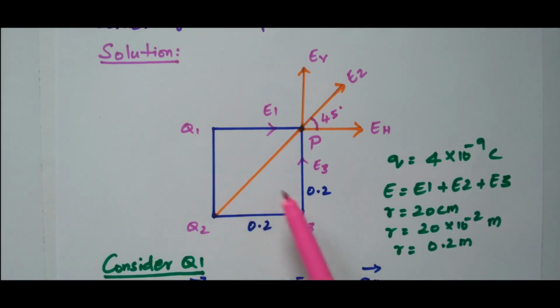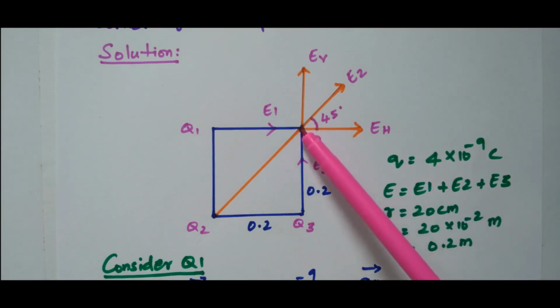At these three corners, the charges are placed. We will assume that Q1, Q2, Q3. What is the value of the charge? 4 into 10 to the power minus 9 coulomb. The charge value is equal. All three corners have an equal amount of charge. Our aim is the remaining corner.